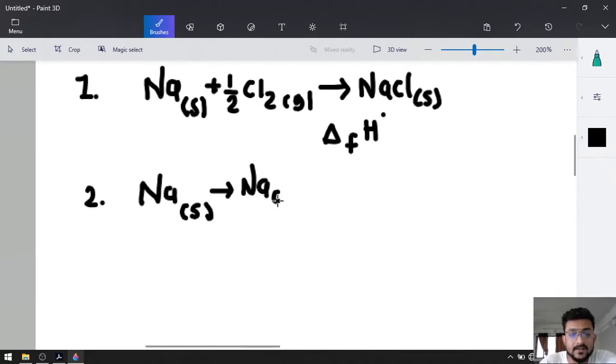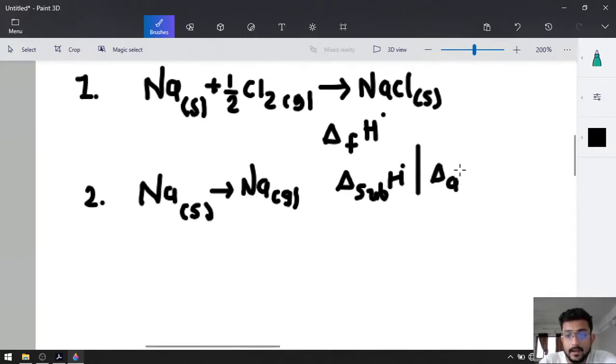So sublimation enthalpy, or you can say atomization enthalpy. You can use any of the symbols, delta sub H naught, or you can also use delta A H naught. Any one of them can be used.